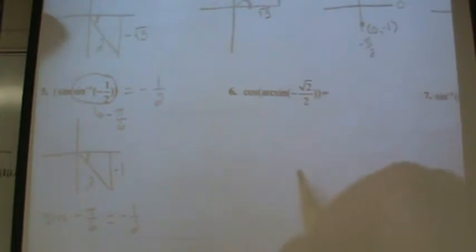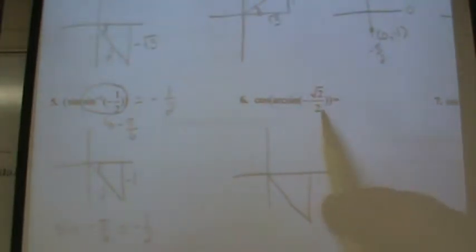So for number 6, this time we're taking the cosine of the arc sine. So we're gonna find the arc sine first, and again, we have that -root 2 over 2. Now this one is one that you would want to look at as being rationalized.